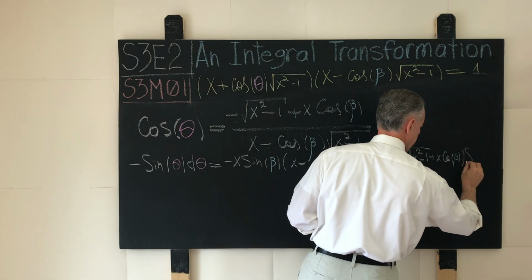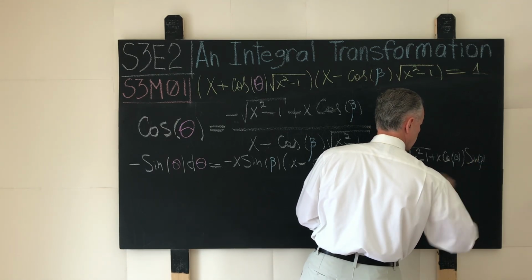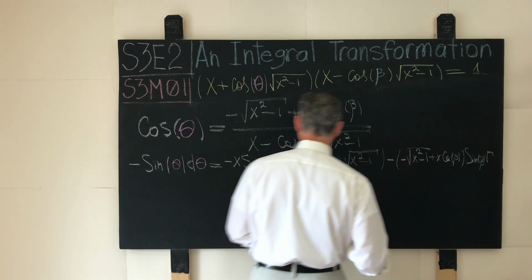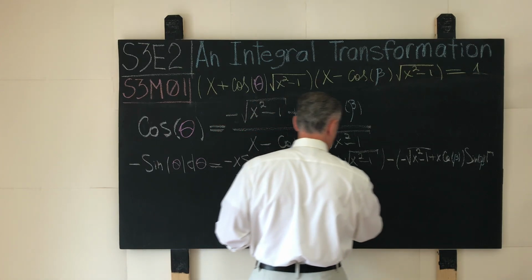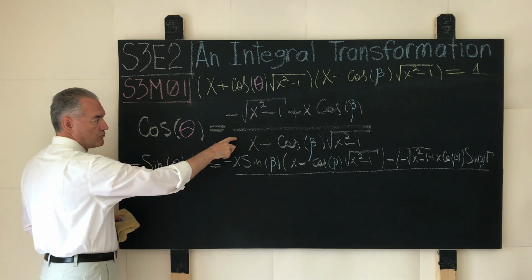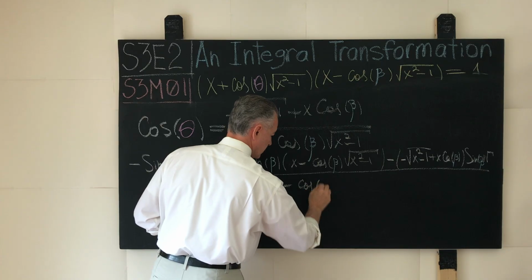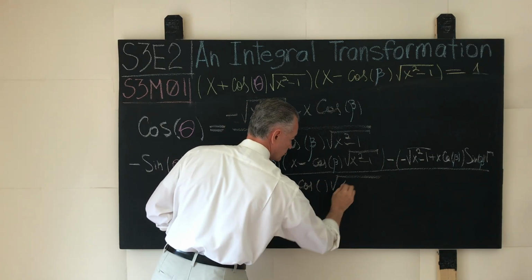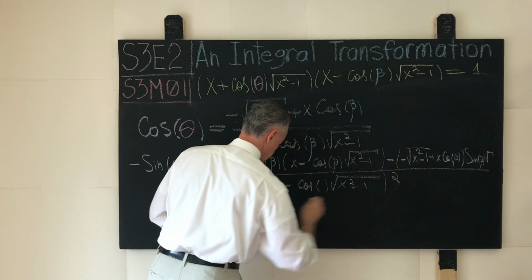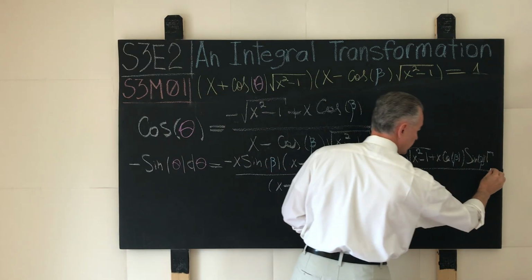We will have the sine of beta here times the square root, I'll leave it like that, divided by what? This is u over v squared, so x minus cosine of beta times the square root of x squared minus 1, squared, and over here we have d beta.